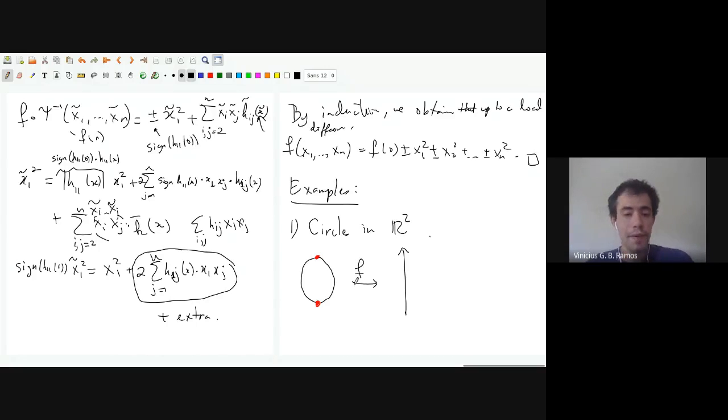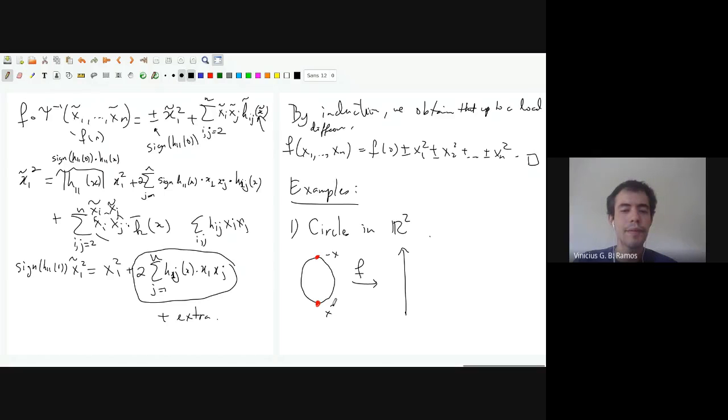Maybe it is a good exercise if you are not familiar with Morse functions. And now you want to compute the indices. It's not very hard to see that this function can be locally written as x squared here, plus a constant, since there's just one variable.